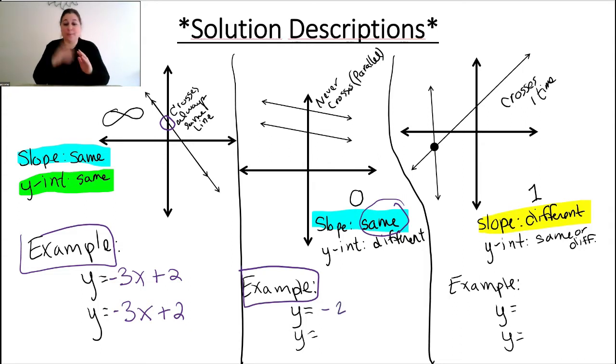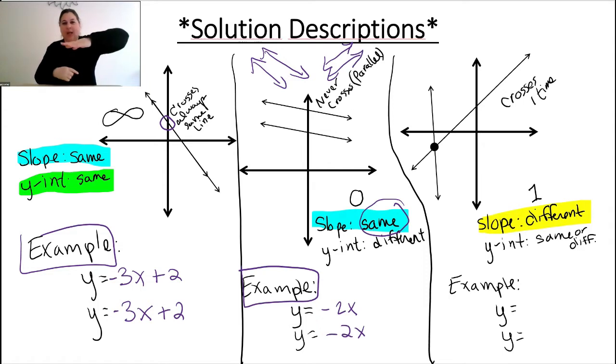So negative 2x, and it could be positive 2x, but these lines are going down instead of going up left to right. So that's why I'm saying it's a negative slope. Okay, so they have the same slope, but different y-intercepts. Look, this could be 4 and this could be 6. So I can say plus 4, plus 6.